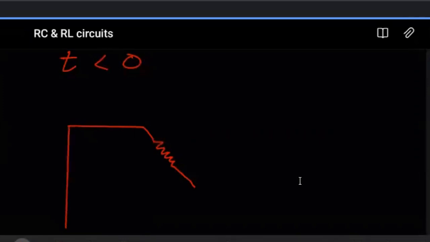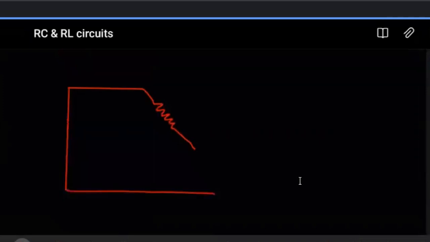So for time less than 0, our circuit is going to look like this. We have this resistor here, that 3 ohm resistor, and then it comes down, and where we had this inductor, this is just going to be a short circuit. Then this line goes all the way to the other side. We have the power source here.